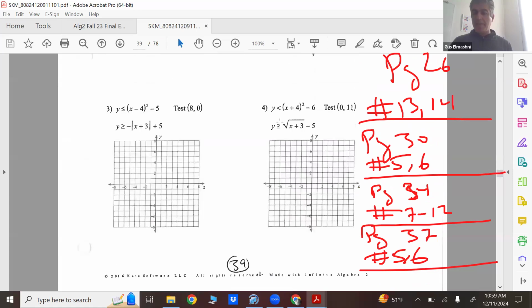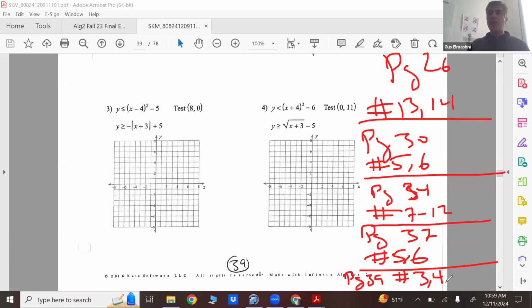Because I'm not gonna have it quite like this. It's good to do. I think you guys can handle it. It'll be a little easier in the final, but I'd say page 39, number 3 or 4. So I think those are all good ones to try.